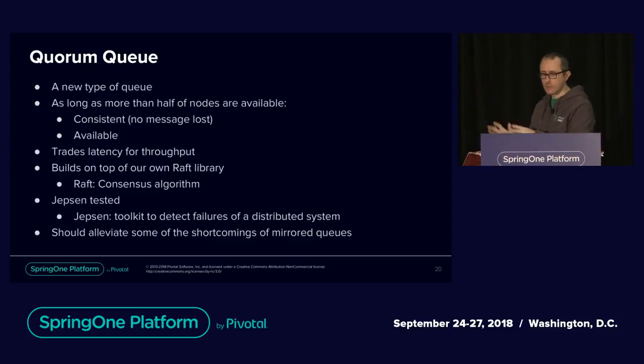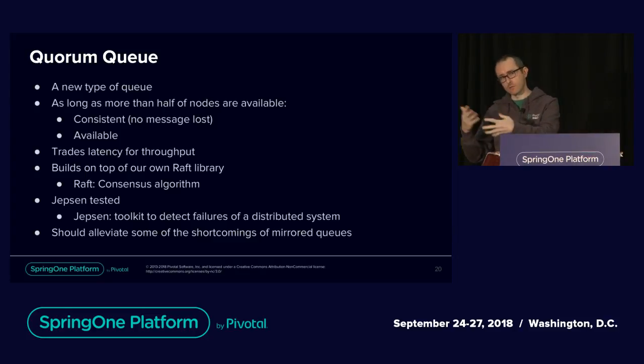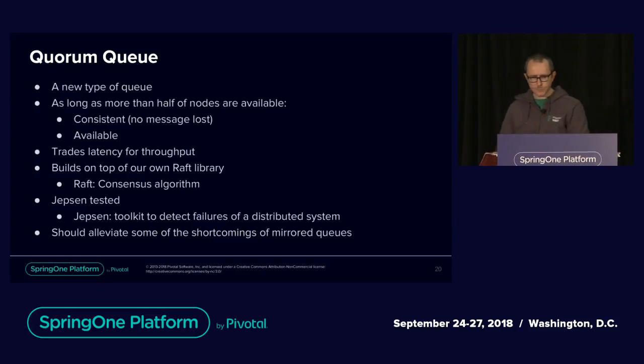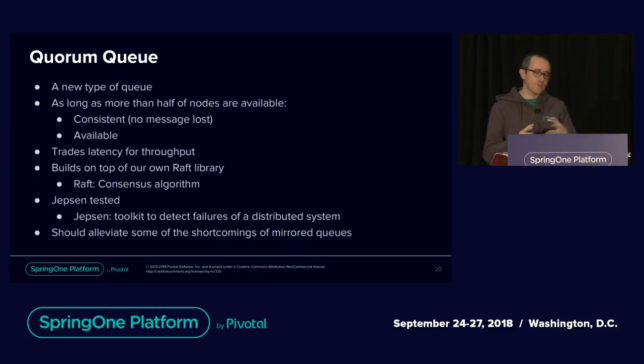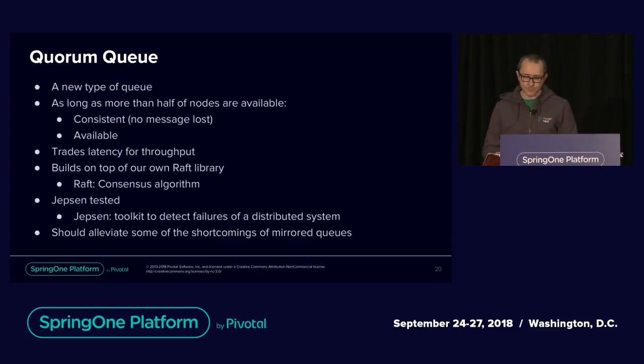So we created our own Jepsen tests for this, and we are considering making them part of a regression test suite. The point here is to alleviate some shortcomings of the existing mirrored queues implementation.